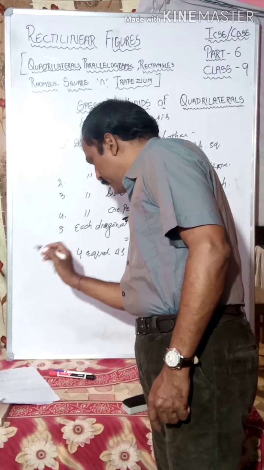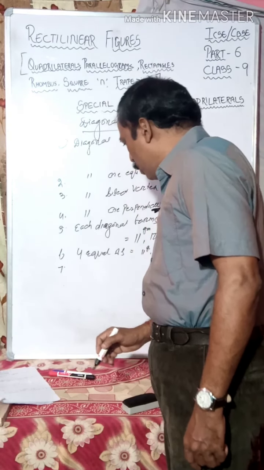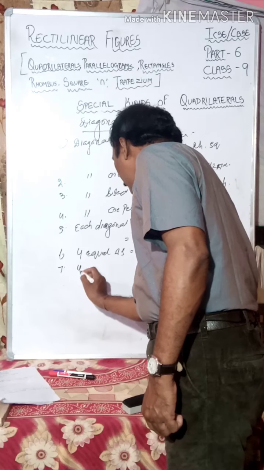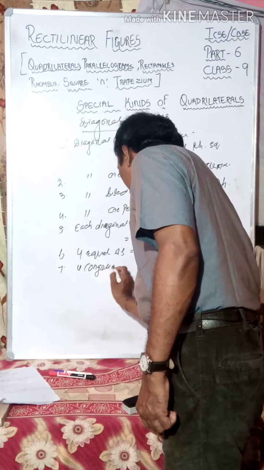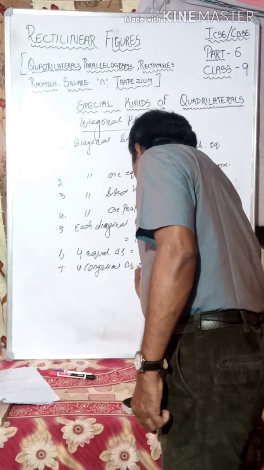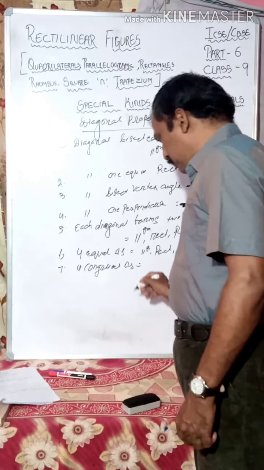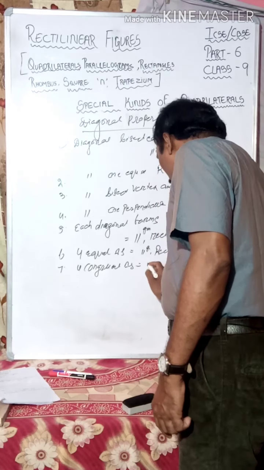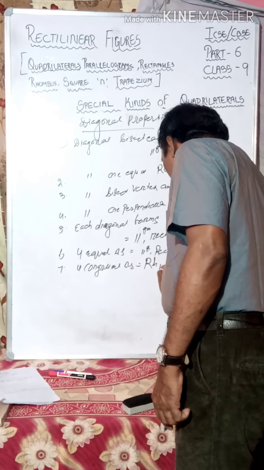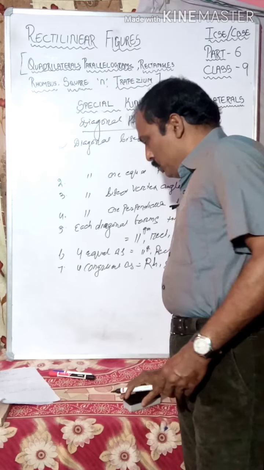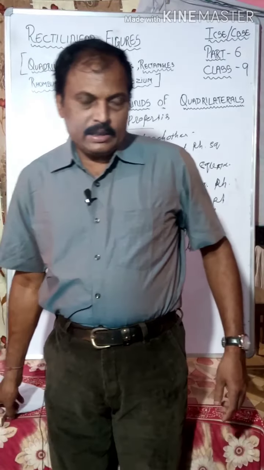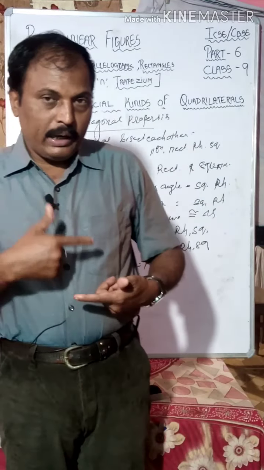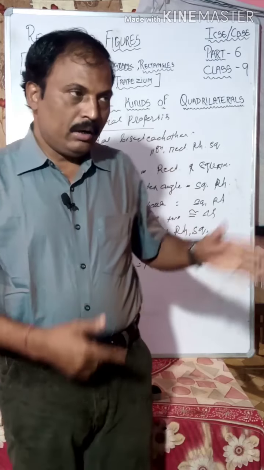And the 7th point, diagonals form four congruent triangles: rhombus and square. So take a screenshot. The points relating to special quadrilaterals are these.